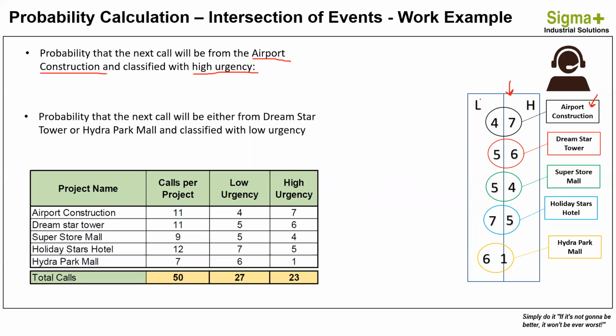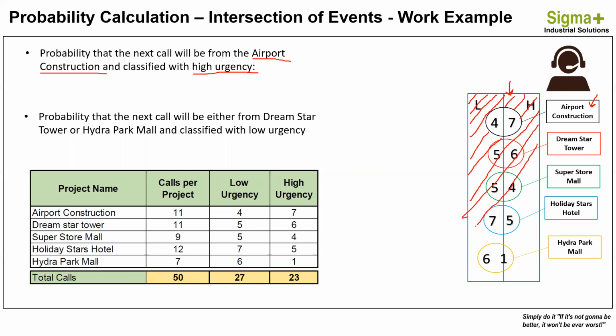So what is the first thing that I usually do when I'm solving such an example? I shade all the area, excluding the probability of the first event, which is the airport construction. So let's do this. I start to shade all the sample space, trying to exclude the event that the call will be from the airport constructions.